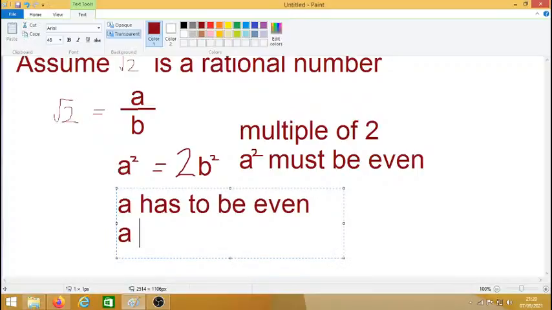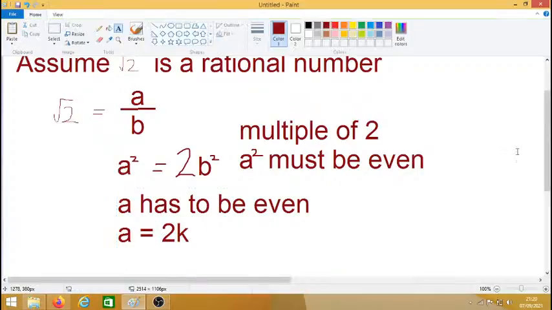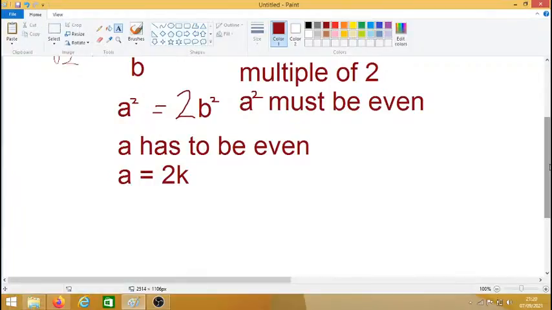So that means I can write it as a multiple of 2. I could use k again like before. So I could say 2k. So from there, can we say anything about b?